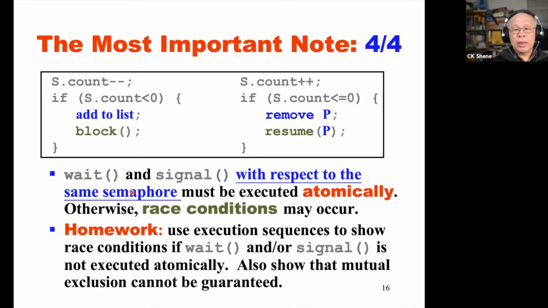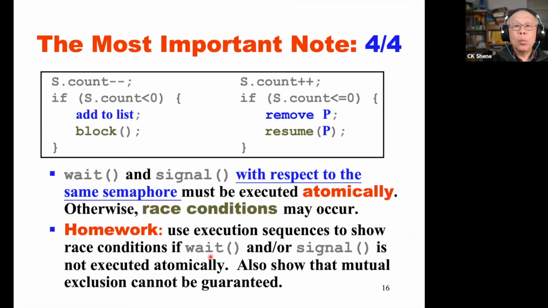So let's say we have a homework. If wait or signal is not executed atomically, please use execution sequences to show a race condition could occur. Furthermore, let's just pick wait as an example.